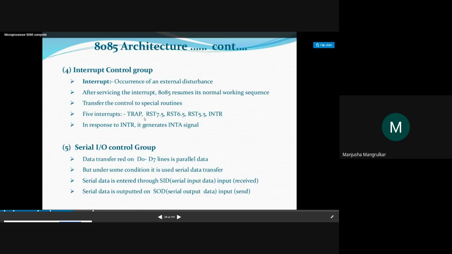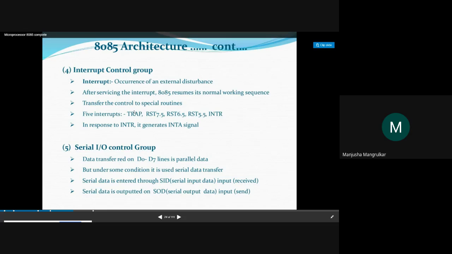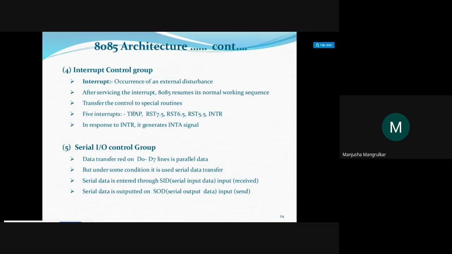So TRAP is a non-maskable interrupt. If something is going on somewhere and a fire breaks out and you are in that same room, you will have to get out, because you cannot avoid the fire. So that is a non-maskable interrupt. But if any peon comes, any person comes ringing the bell, you can avoid it, let him ring and let him go.